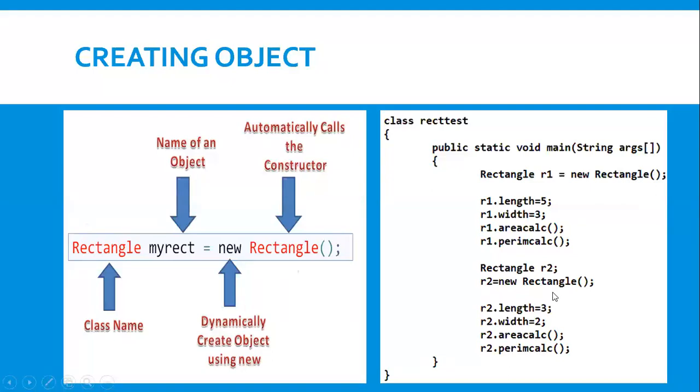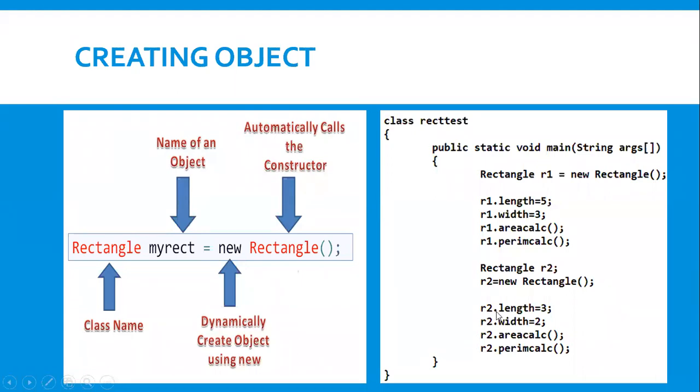After that, R2 is initializing length as 3, and R2 is initializing width as 2, and the corresponding area and perimeter calculations happen. For example, here you have initialized length and width for the rectangle object R2, and if you still call R1 dot area calc and R1 dot perimeter calc after this, then the corresponding area and perimeter with 5 and 3 will be calculated.